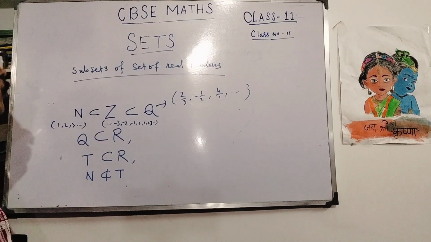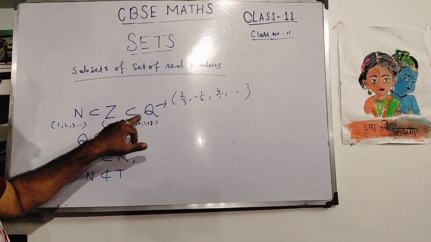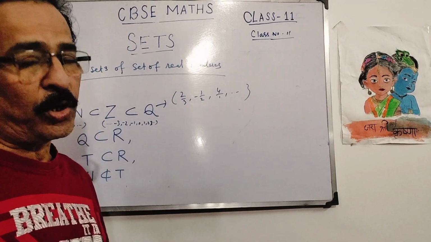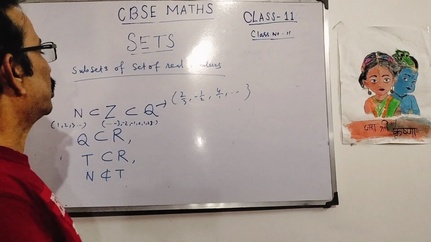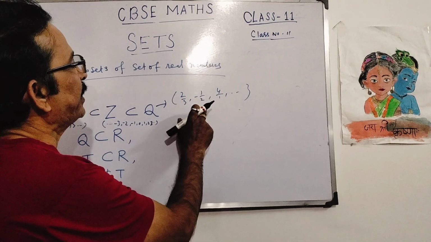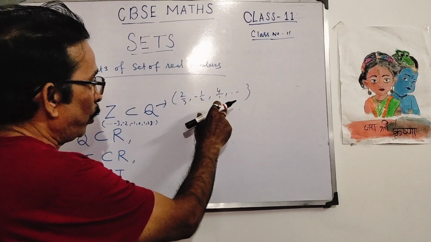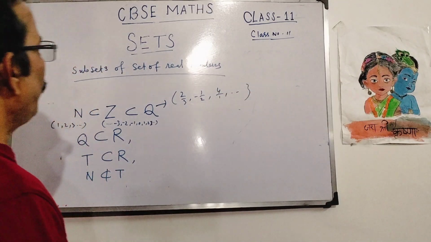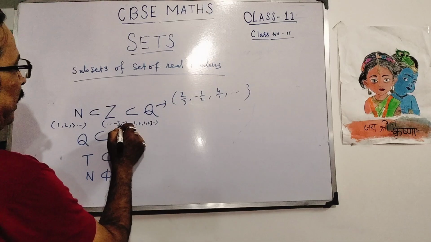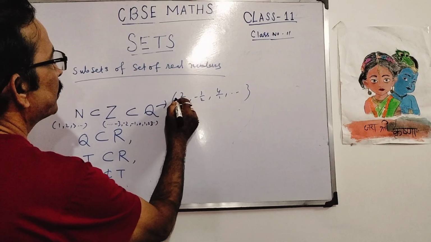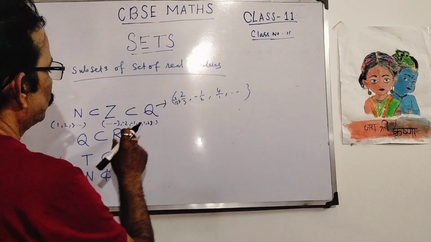Integers are also a subset of Q, where Q is the set of rational numbers. Q means 2 by 3, minus 1 by 2, 4 by 1 and so on. Here is also minus 3 by 1.